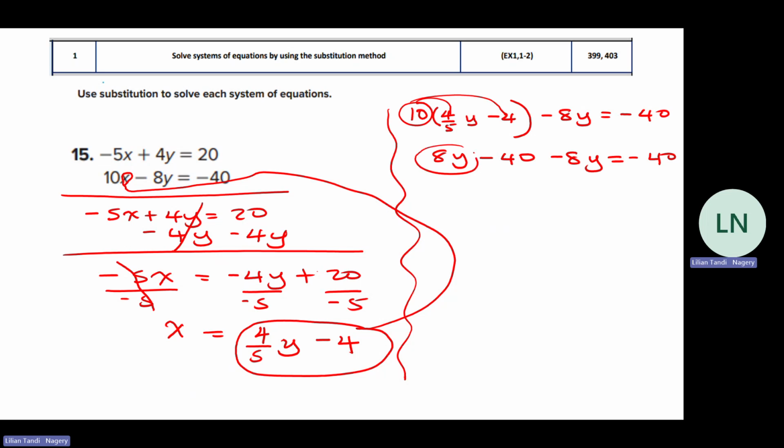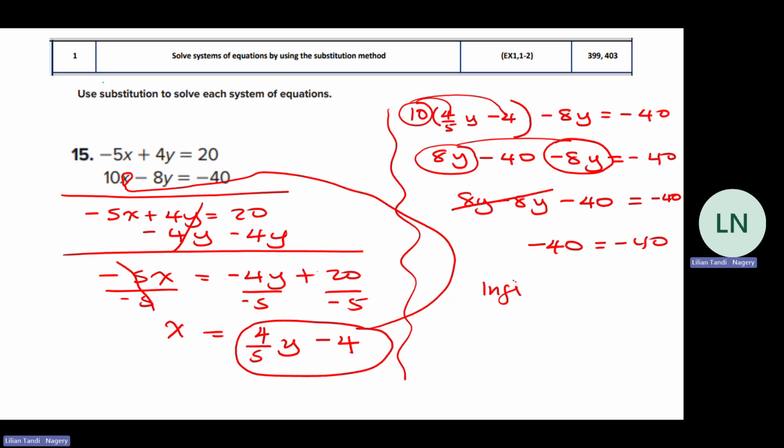Then I will do this and this, they are friends. So 8y minus 8y minus 40 equals negative 40. This will be 0. So I have negative 40 equals negative 40. So this is infinitely many solutions, or identity solution.